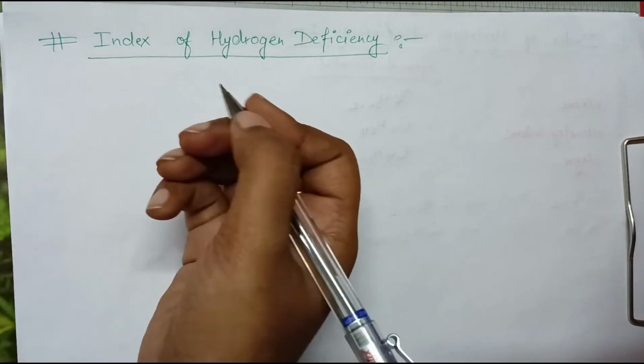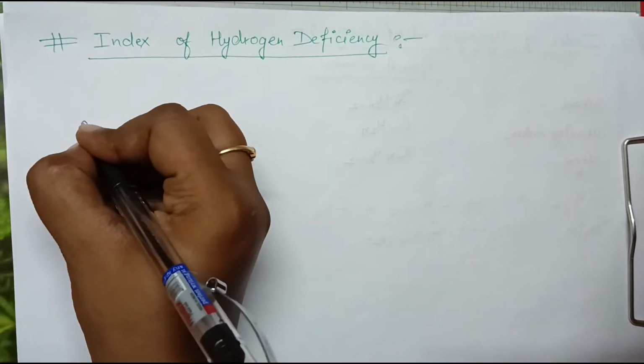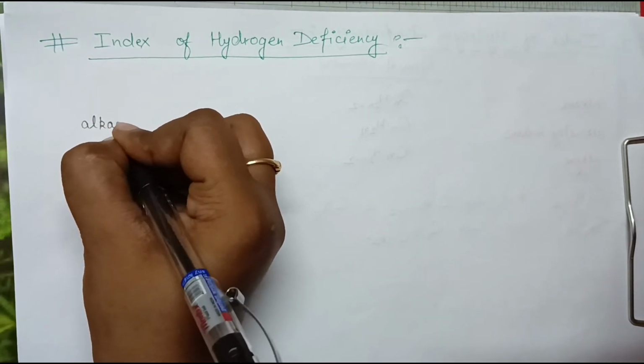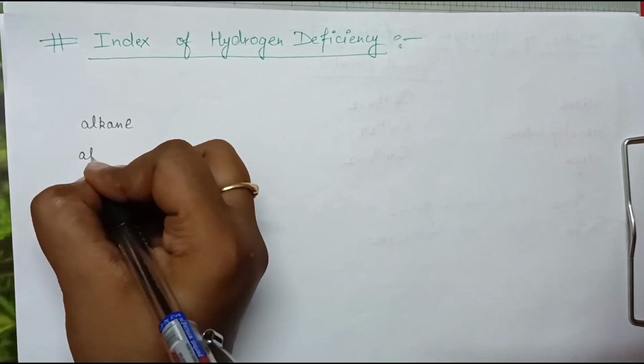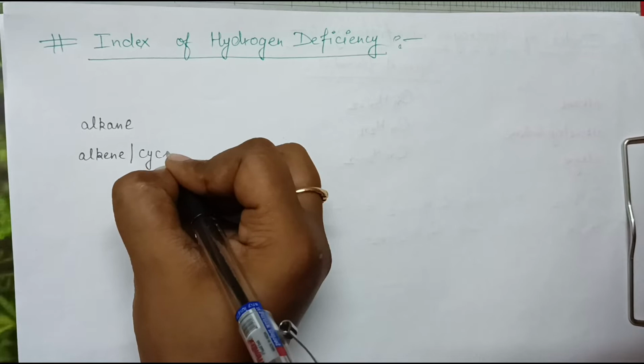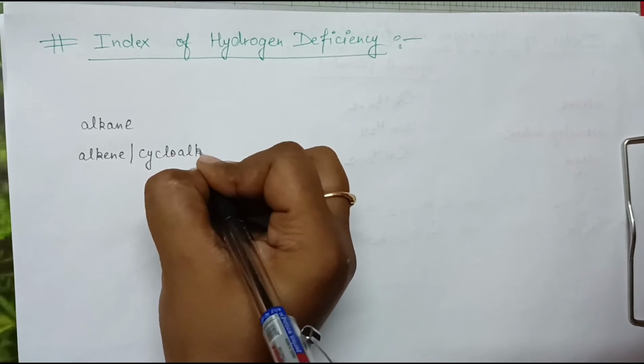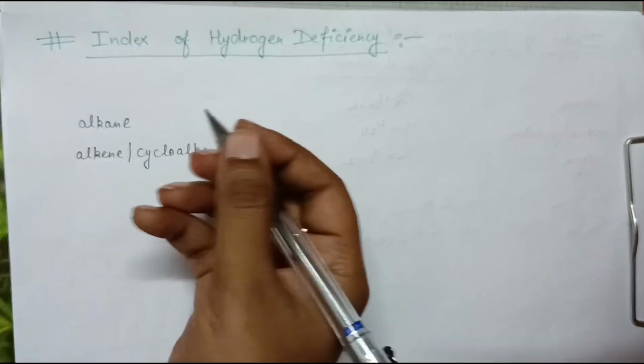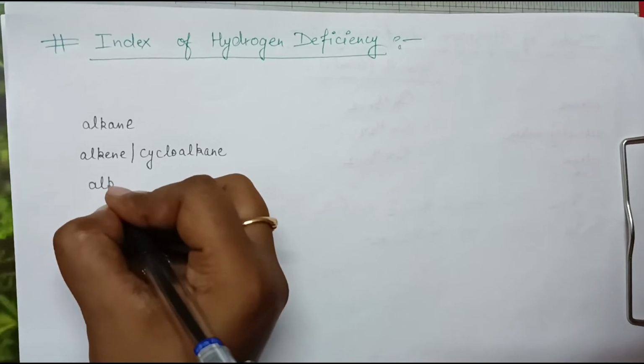First of all, we will talk about some general alkane, or some general alkene or cycloalkane, or we can have some general alkyne.